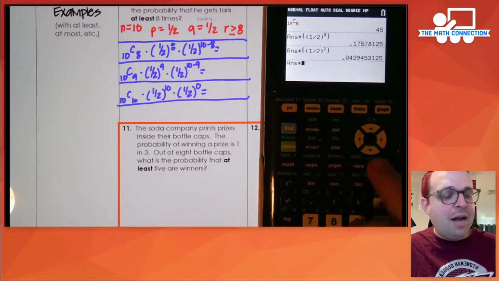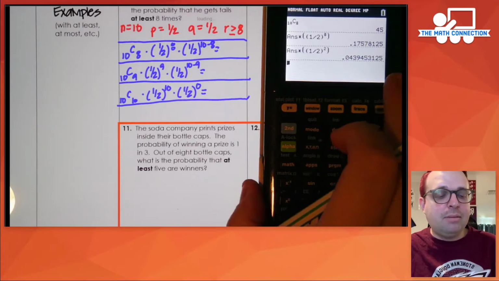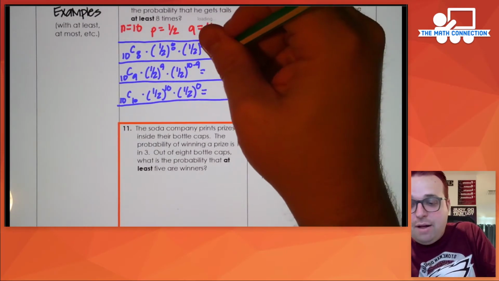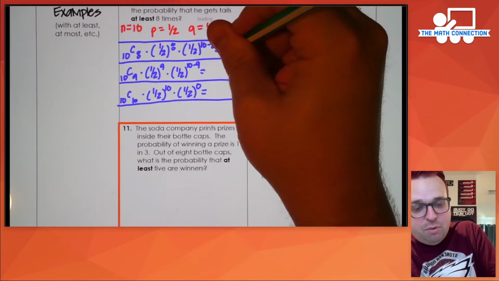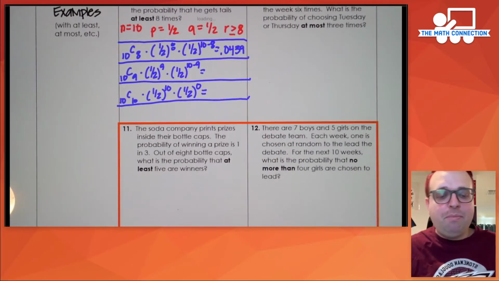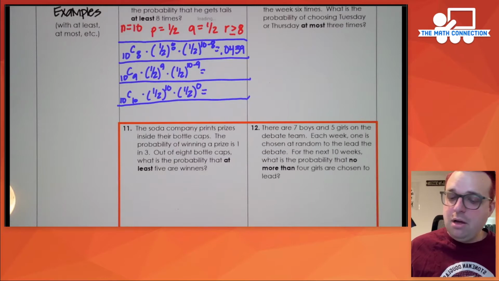Now, I'm not going to multiply it by 100 just yet. I'm just going to write the decimals down because I'm going to end up adding them together anyway. So the first answer is 0.0439. I think 3 places is specific enough.